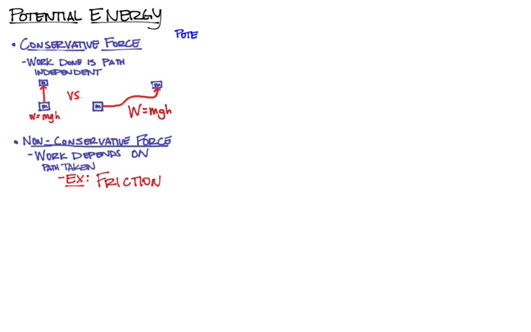So, we're going to look at potential energy right now. Our big definition that always applies for potential energy is that it is the work done against a conservative force.